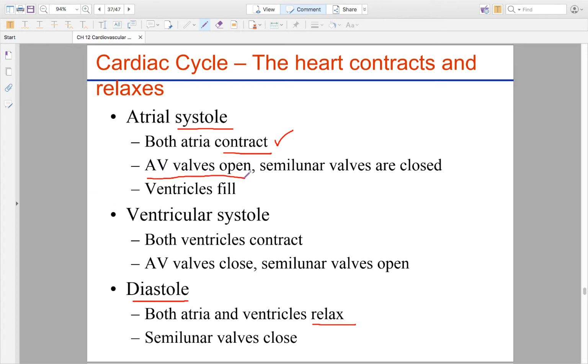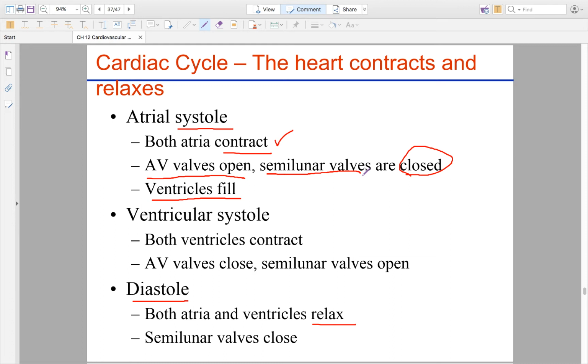The AV valves are the left and right atrioventricular valves. All right, and the blood will fill the ventricles. At the same time, when these AV valves are open, remember that the semilunar valves are closed. So don't forget, there's two semilunar valves, the pulmonary and aortic semilunar valves.